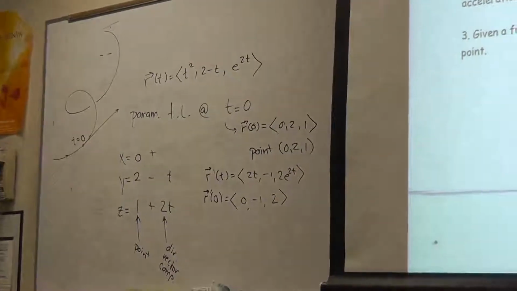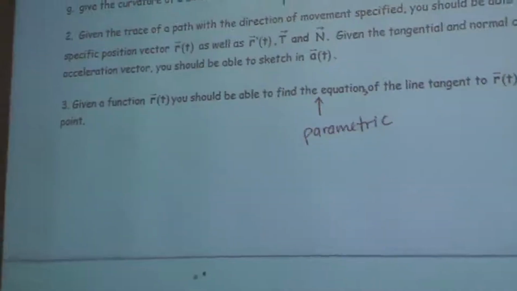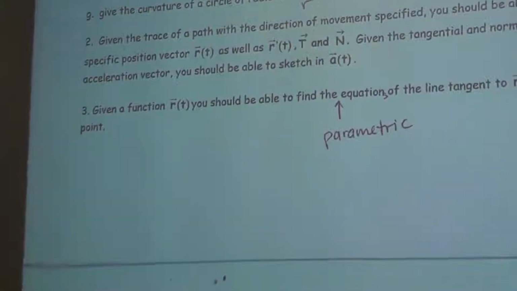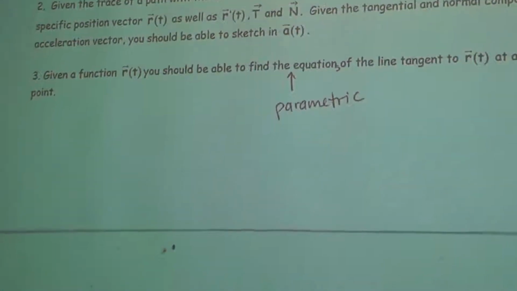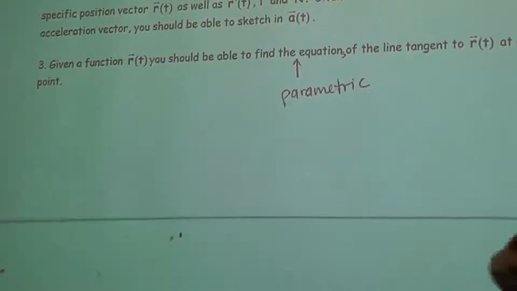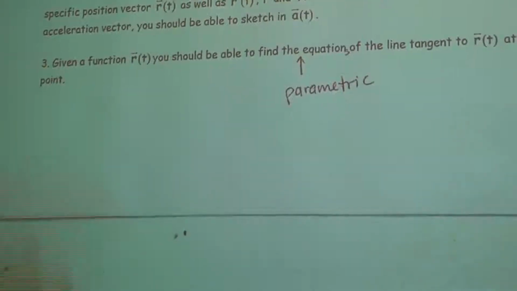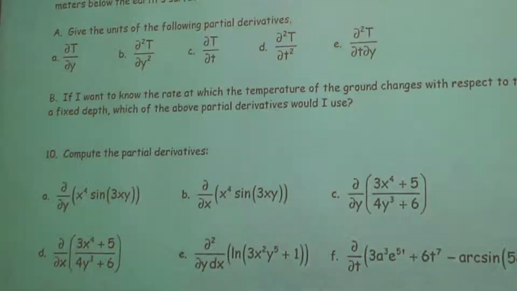So parametric equations for tangent lines are going to be essential. I got a question about the notation for partial derivatives. Yes. On our review, there was a, I guess it had dx in there, and I was confused. It's on the last page. On the very last page, yeah, right here.